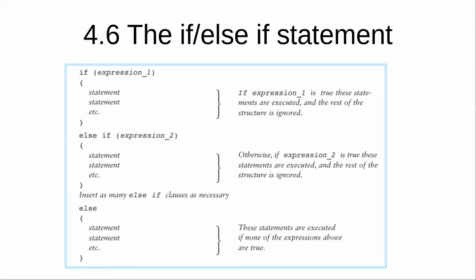Alright, the reason if-else statements exist, and we get the else-if statements, I should say, is when you're trying to check for multiple things, and you got what you wanted, then you're going to stop checking for the rest of those conditions.